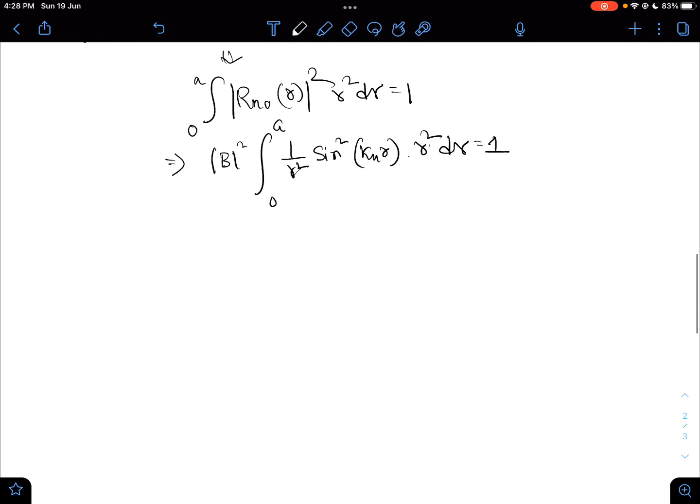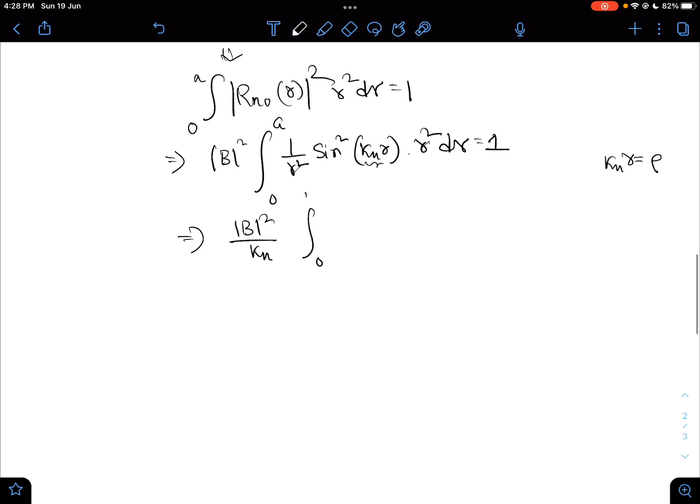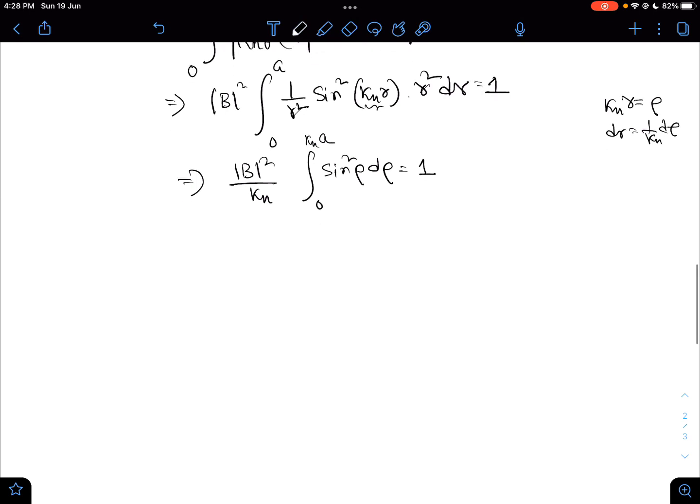So this r squared and this will cancel out, and we will have b squared by kn, integral from 0 to, and we are replacing knr with rho. So if r has limits from 0 to a, then rho has limits from 0 to kna, and dr will be 1 by kn d rho. So we are getting sine squared rho d rho, and that should be 1.